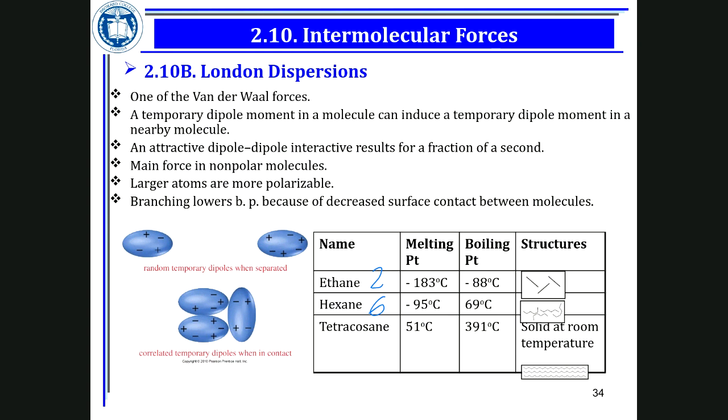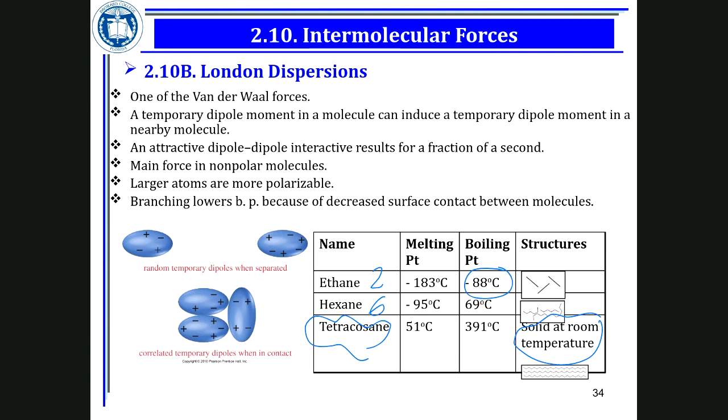And if you have a huge molecule with more than 15 carbon, it is going to be solid at room temperature. Hexane is going to boil at 69 degrees Celsius, but ethane is going to boil at minus 88 degrees Celsius.